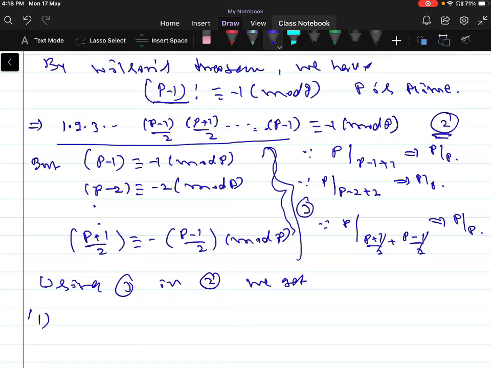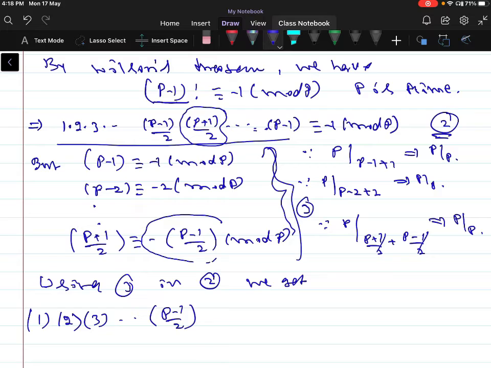So 1 into 2 into 3 and so on, (p-1)/2. So (p+1)/2 can be written as minus of (p-1)/2 modulo p. I can write minus of (p-1)/2 under the modulo p, and so on here.